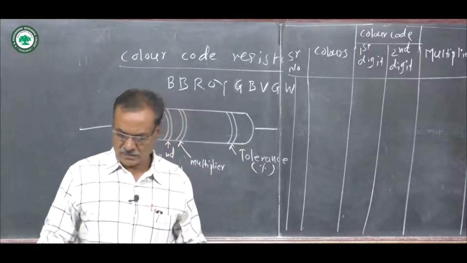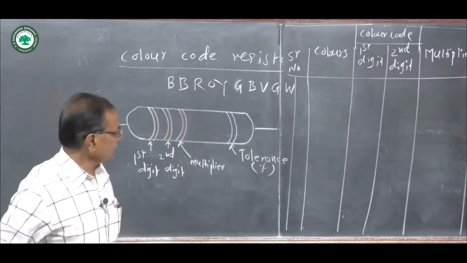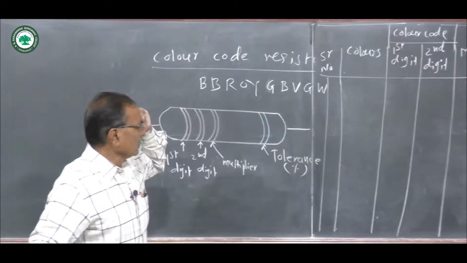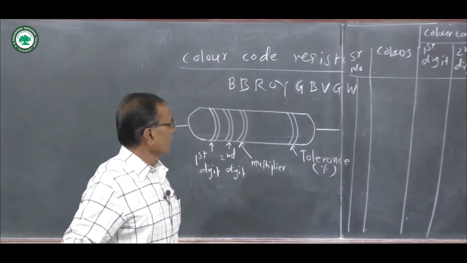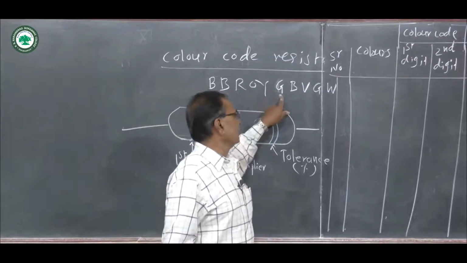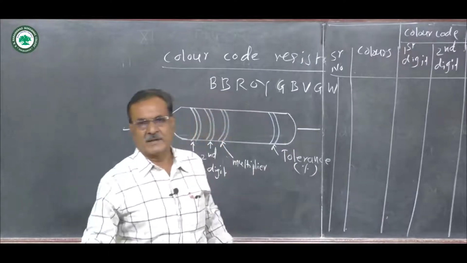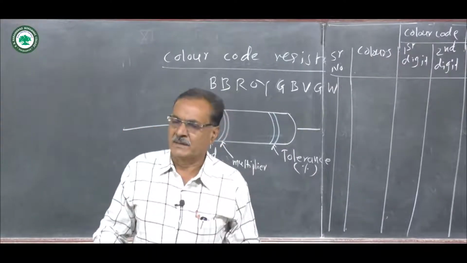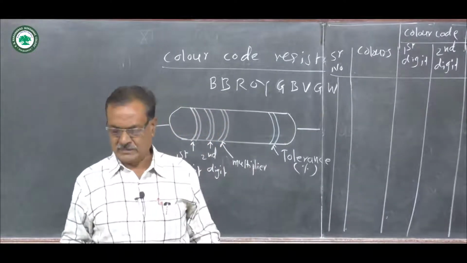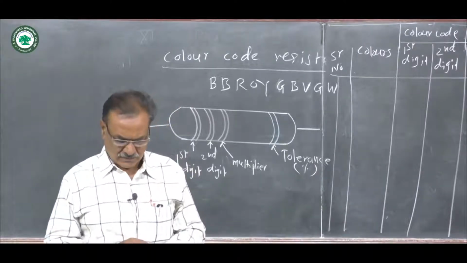B.B. Roy of Great Britain has a very good wife. B, black, brown, red, orange, yellow, green, blue, violet, grey, and last white. So now this is the simple way to summarize.